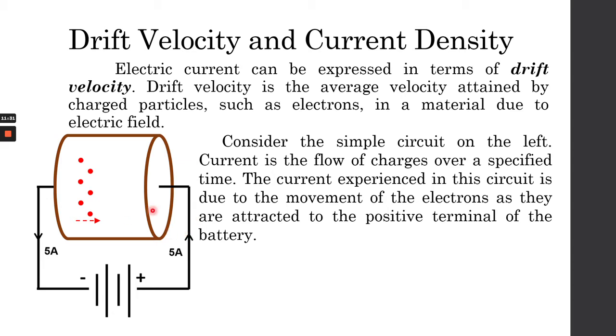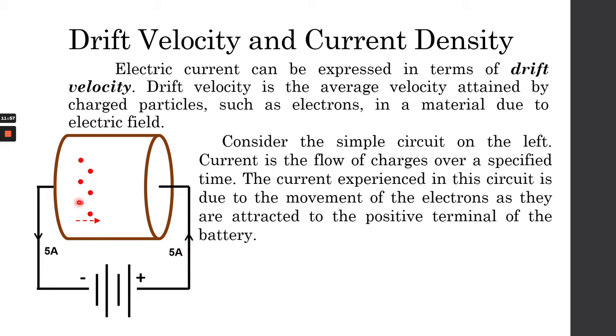However, that is not happening in our scenario. In our circuit, the system would want to keep a constant voltage or constant current. So these electrons, despite accelerating, our current of 5 amperes stays the same, or stays constant.